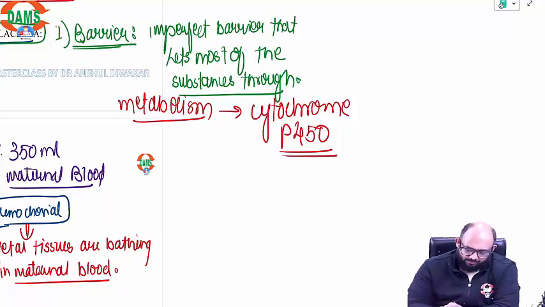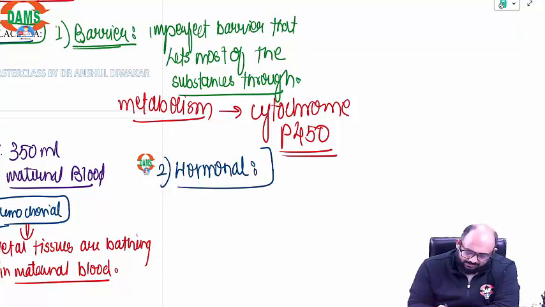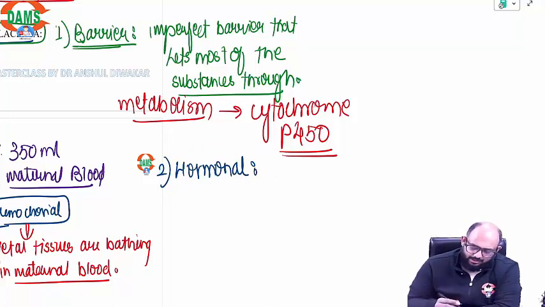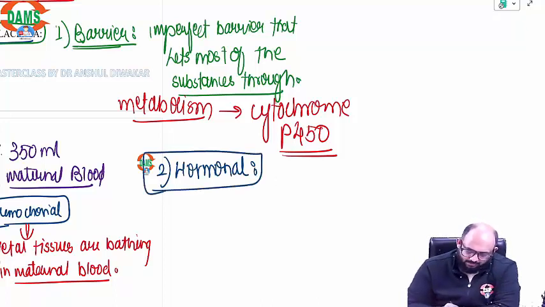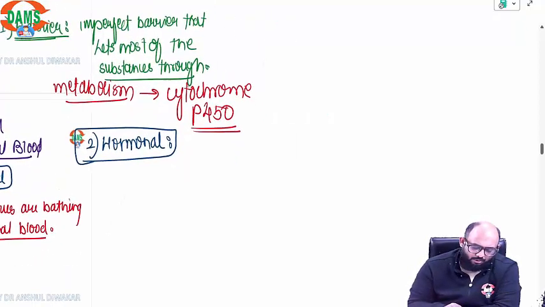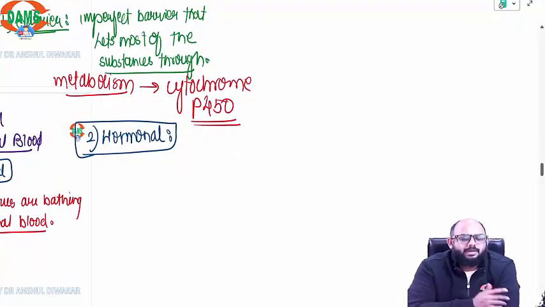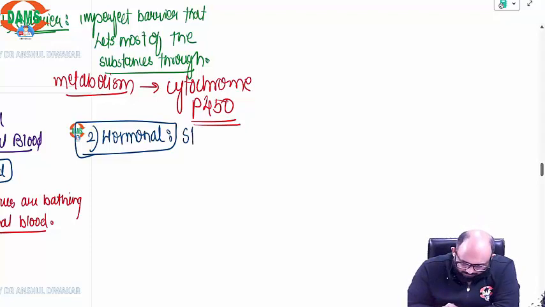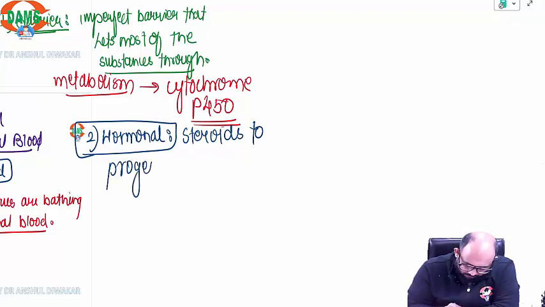Second is hormonal. This is very important. Placenta produces and dispatches a lot of substances. It converts steroids to progesterone and estrogen.